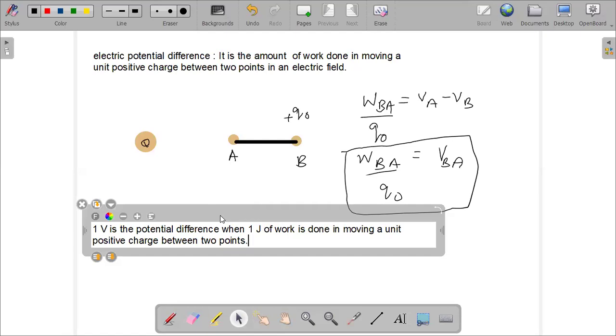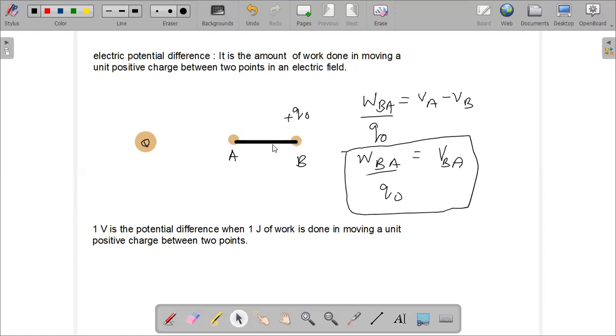Like suppose we try to carry this charge from point A to point B. During this process, suppose I took here 1 coulomb of charge and I moved this 1 coulomb of charge from point B to point A. The amount of work that I have done will be equal to the electric potential.